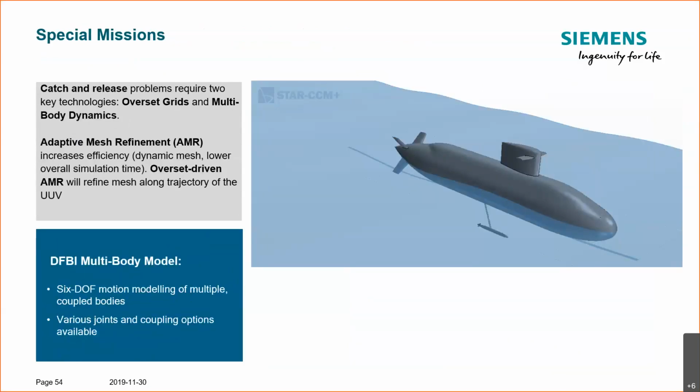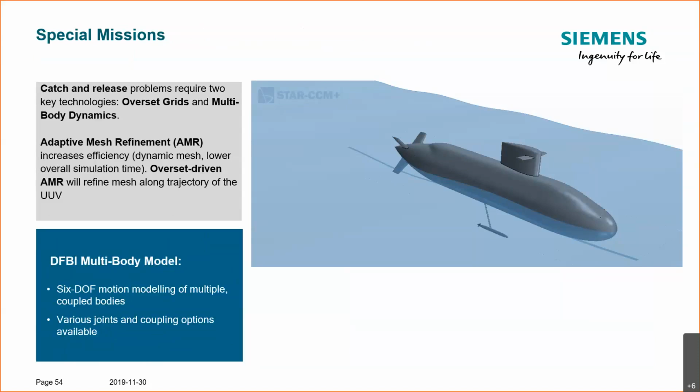Also, if we look at special missions in maneuvering, for example, catch and release of an unmanned underwater vehicle, we can leverage the overset grid method. Apparently there are relative motions here, and then the multi-body dynamics tools that we have in SimCenter StarCCM Plus.